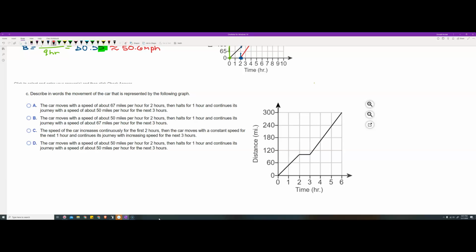Then it's not picking up any distance. So the car is effectively stopped right here because the distance isn't increasing. And then the car is driving for another 3 hours. So it drove for 2 hours, stopped for an hour, and then drove for 3 hours.